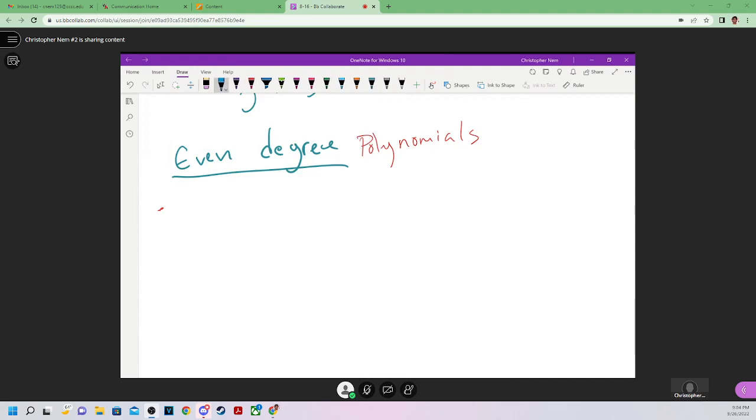If you have an even degree polynomial, the idea is that if a is bigger than 0, if your leading coefficient is positive, and we talked about knowing if we have a max or min, this is that same idea. If it's not being reflected across the x-axis, then we have the directions of your end behavior. For the left side, we have going up. For the right side, we also have going up.